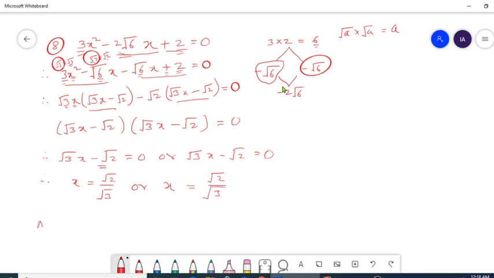So here your final answer is root 2 by root 3. Since both the roots are the same, you can write them once. Root 2 by root 3 is the root of the given equation.